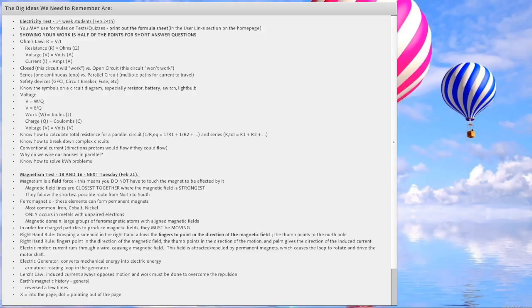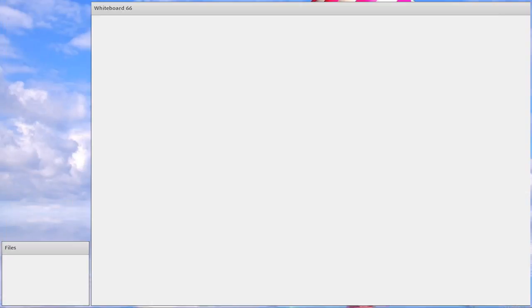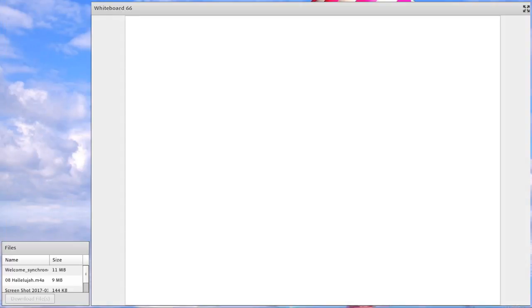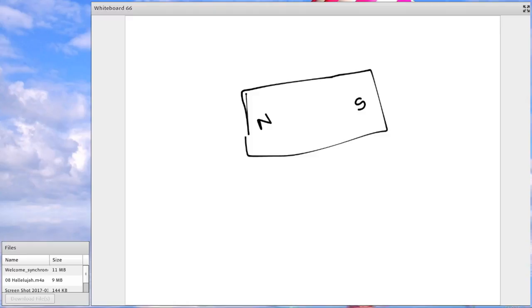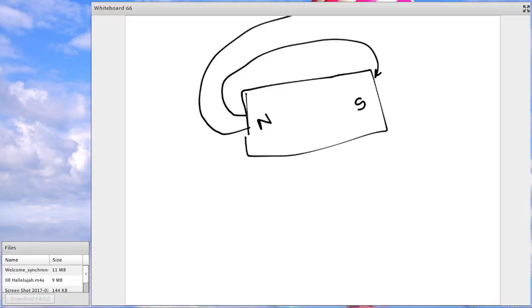When we draw these field lines, we like to draw them from the north to the south. So let's say this is our magnet. I'm not a very good artist. We've got north to south, and our field lines go from north to south, so they'll go like this, and then like this.